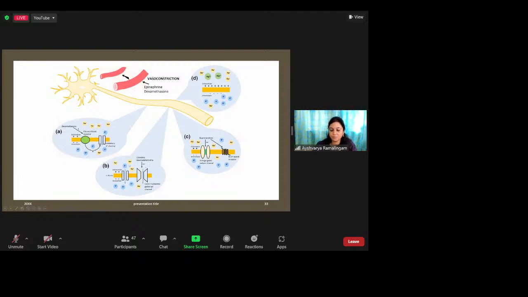Clonidine and dexmedetomidine, we all know, are alpha 2 adrenergic agonists, and they also help in increasing the duration of action of local anesthetic by 2 to 4 hours. Buprenorphine is essentially not used nowadays because of the increased systemic side effects such as vomiting and nausea.